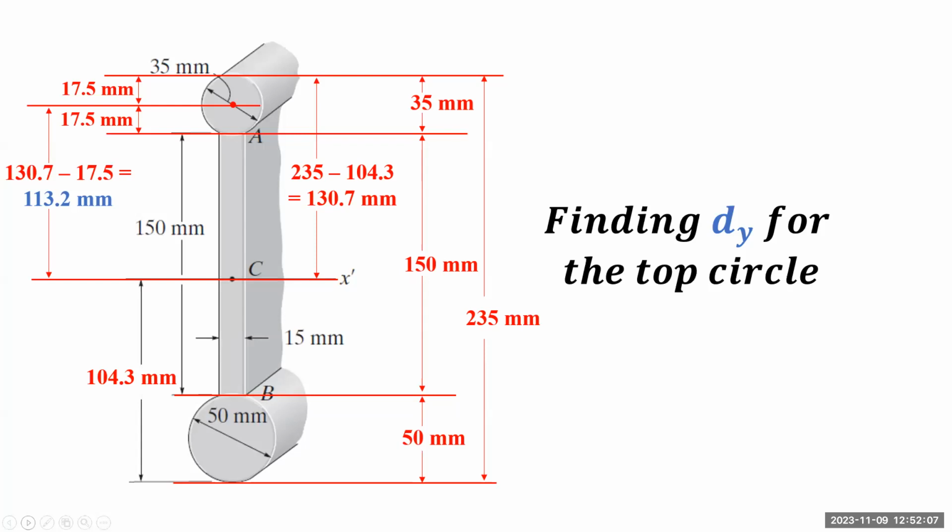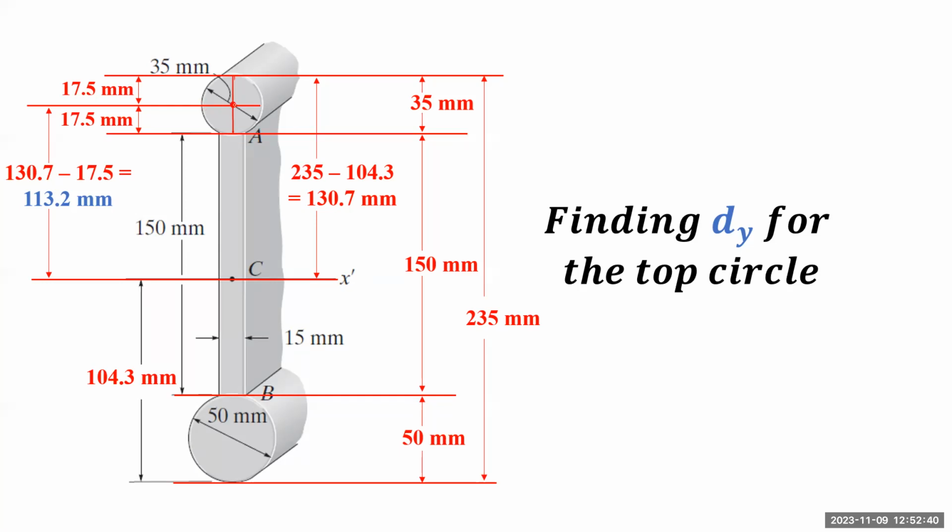We're doing them separately. Now we want the dy for the top circle. The top circle is 35 millimeters in diameter, right? So you have a radius of 17.5, which is halfway. So the center of it is halfway, 17.5.